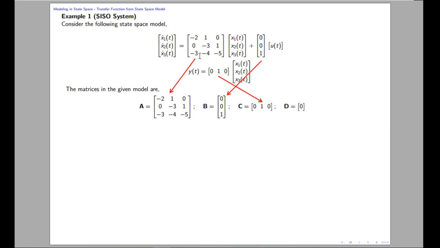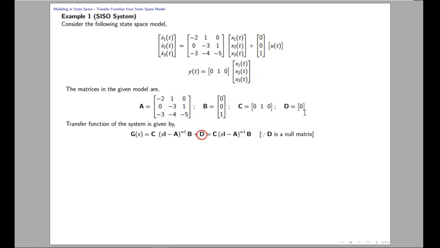So the matrices will be separate. This is the state matrix A, and this is the input matrix B, and this is the output matrix C.